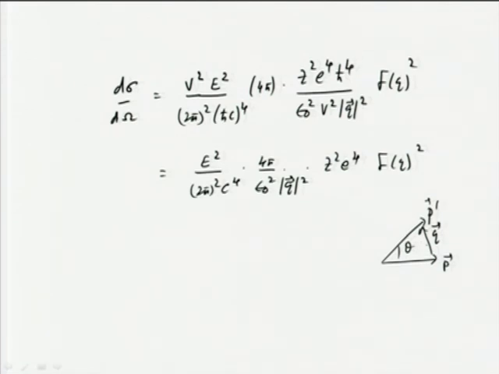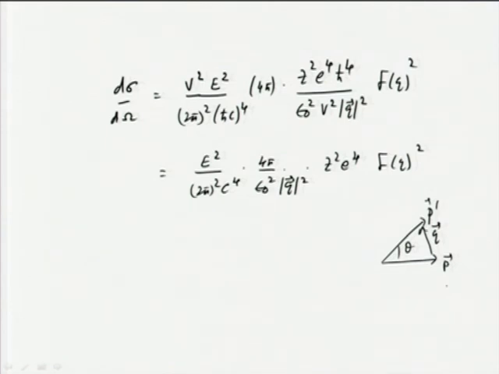If we consider elastic scattering, where the magnitude of p remains the same, then from q square we will get 1 over sine to the power 4 theta by 2.